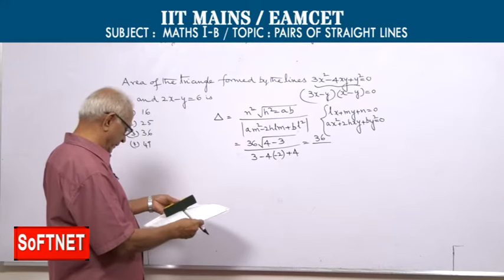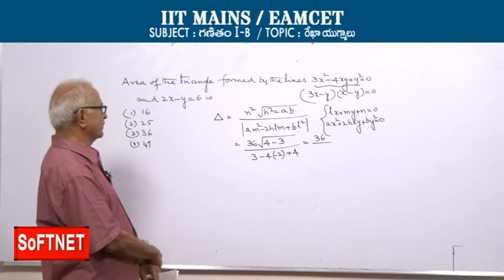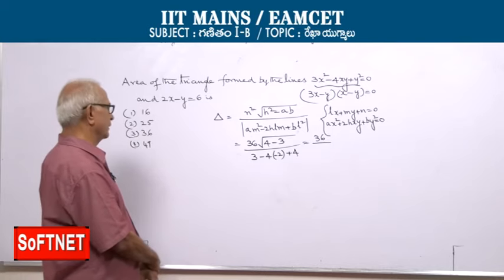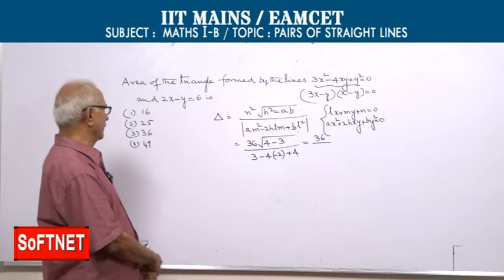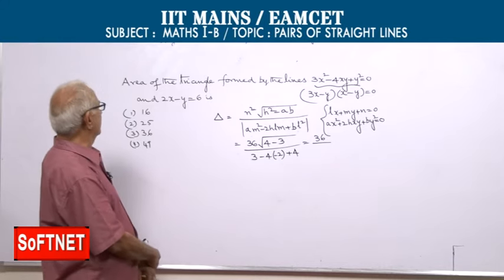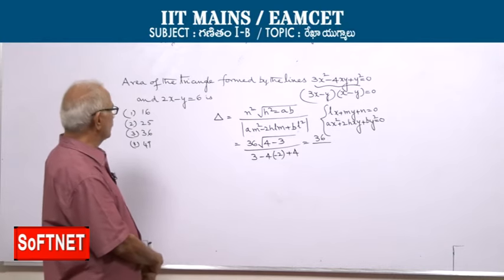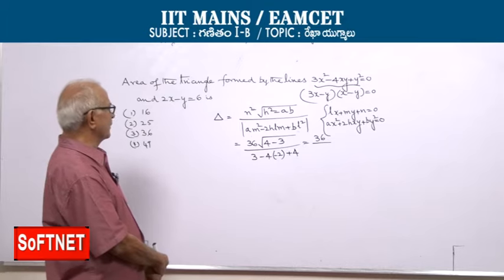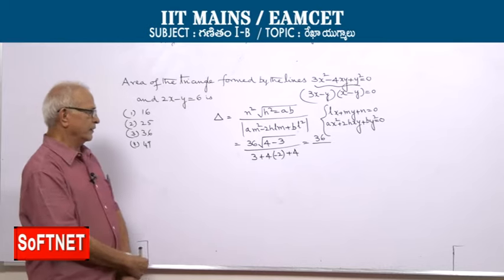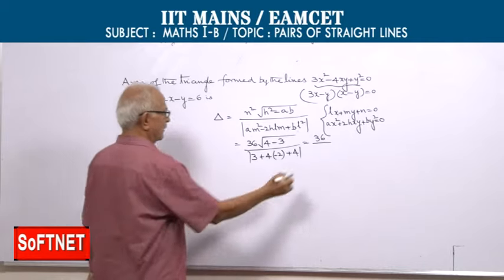Am square minus 2hlm plus bl square. So n square is 36, h square is 4, minus ab, that is 3, that is correct. So am square, a is 3, m square is 1, so that is 3, minus 2h lm, minus 2h is plus 4, this is plus 4, okay. Mod of this. Now it is okay. So this is equal to 1.